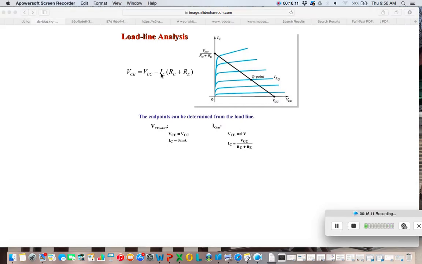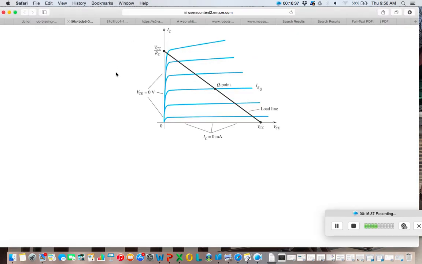Please remember, this is important. It might appear in your final exam question. You need to remember how to draw the DC load line, for example for the emitter stabilized bias circuit. Make sure you know how to answer the question. Or maybe the question asks how the DC load line can be drawn for the fixed bias circuit.